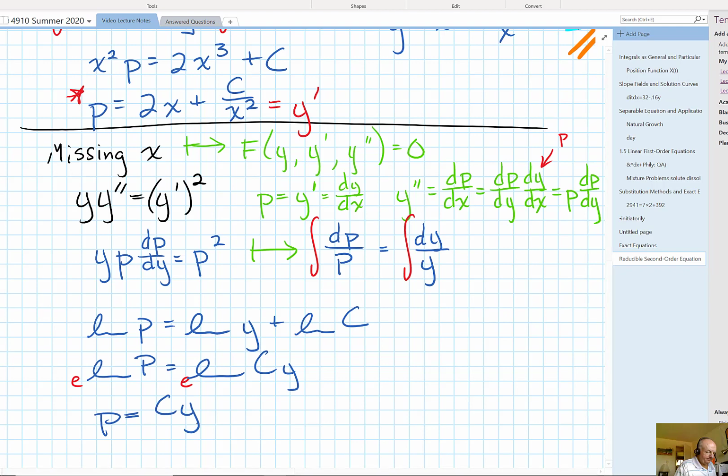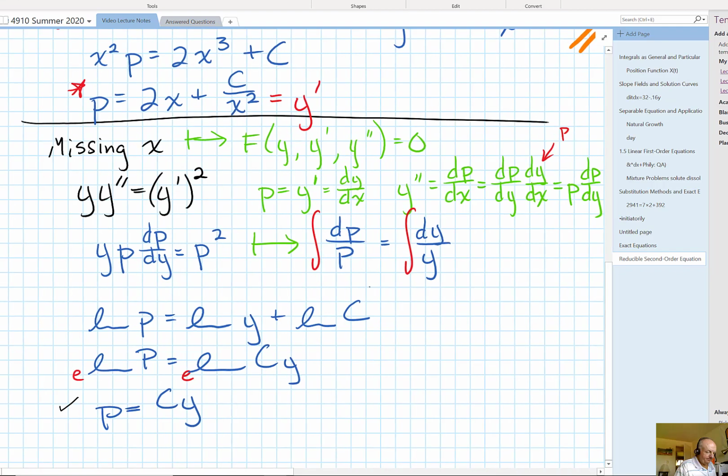Now we don't want p, we ultimately want y. So here we take kind of an odd approach, because what we have here are all functions of y, all y terms. And we're going to use a little rule.